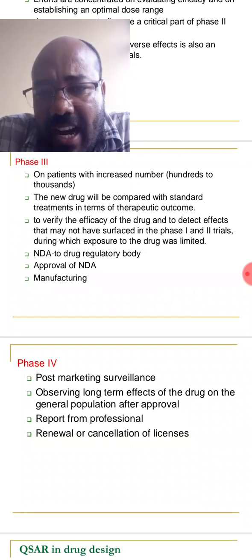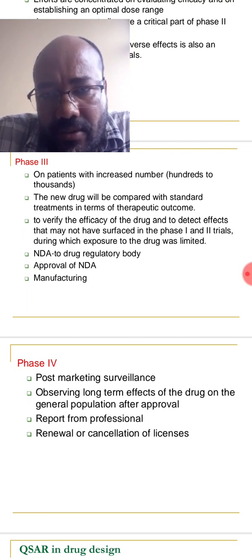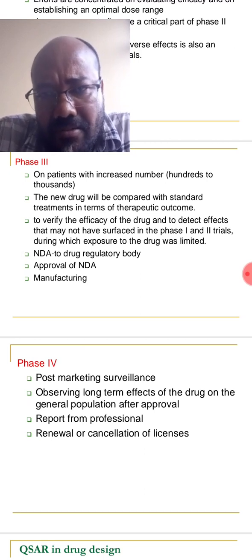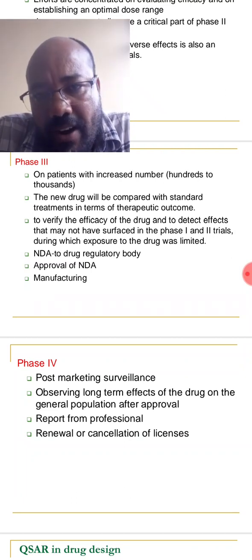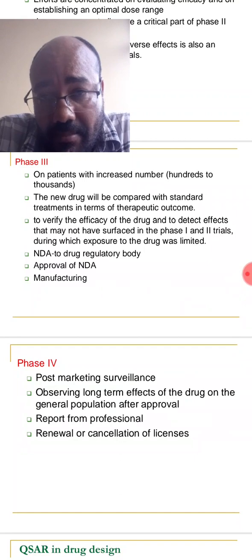The new investigational drug will be submitted to drug regulatory bodies. Then, if it has similar effects, or maybe also some differences, it is approved by the Food and Drug Administration, which takes place in phase 3. Then serial manufacturing will also sometimes take place in this stage.